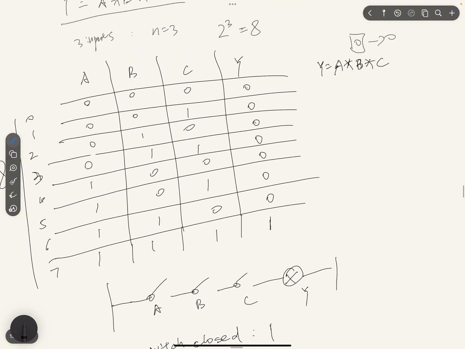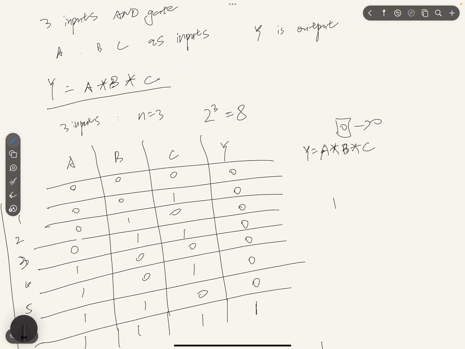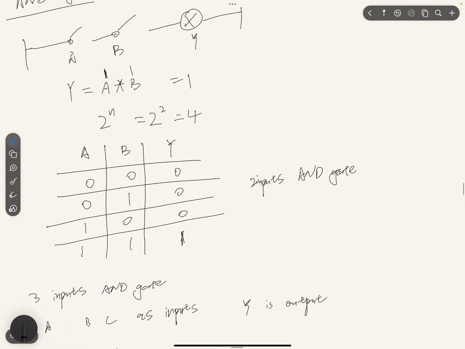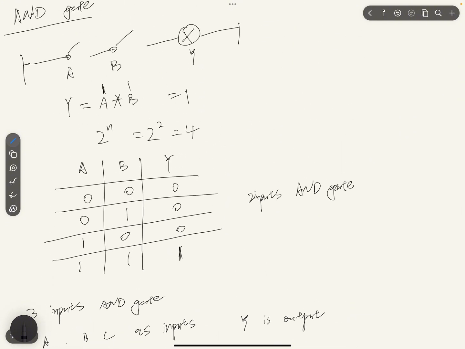And for AND gate, it will be something like this. That's AND gate, depending on how many inputs, this one has A, B, C, that's Y. And for 2 inputs for AND gate, it will be something like this, a straight line then a curve, A, B, that's Y.